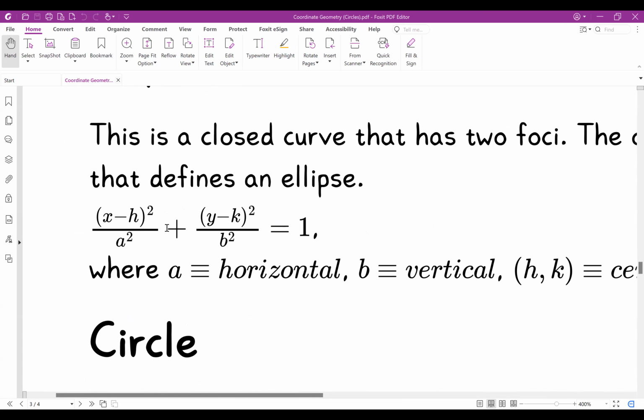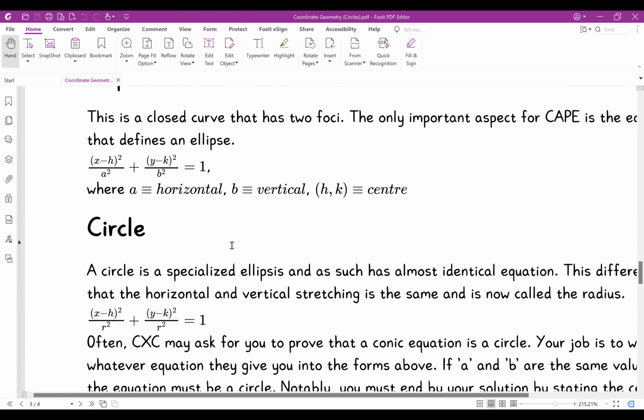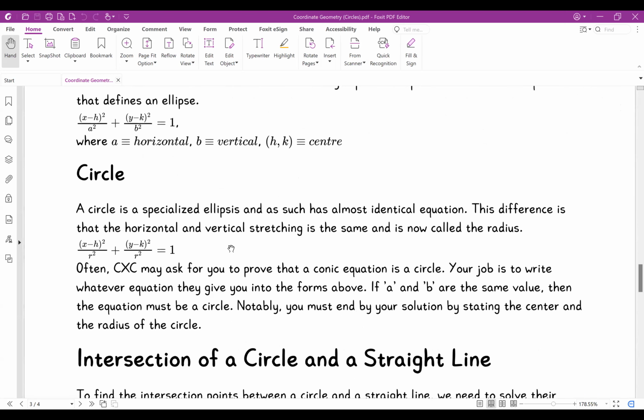Remember, a circle is a specialized ellipse, right? But an ellipse might be shaped like an egg, whereas a circle is perfectly round. So when A and B are the same, then it's a circle. If they're not the same, then it's an ellipse. And it's important that you're able to tell when they're one or the other.